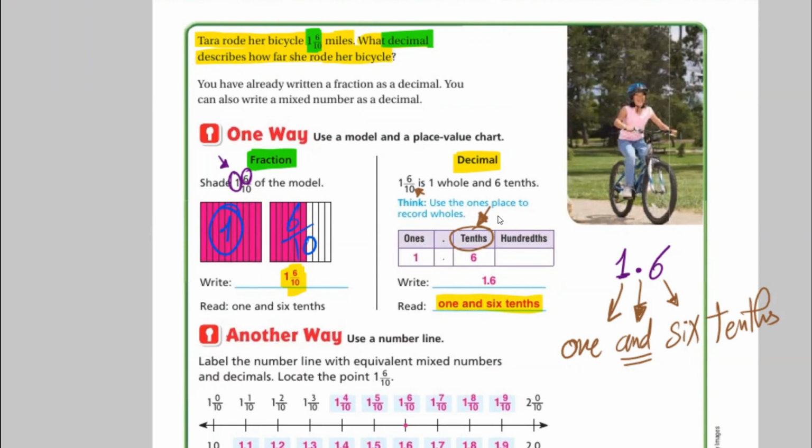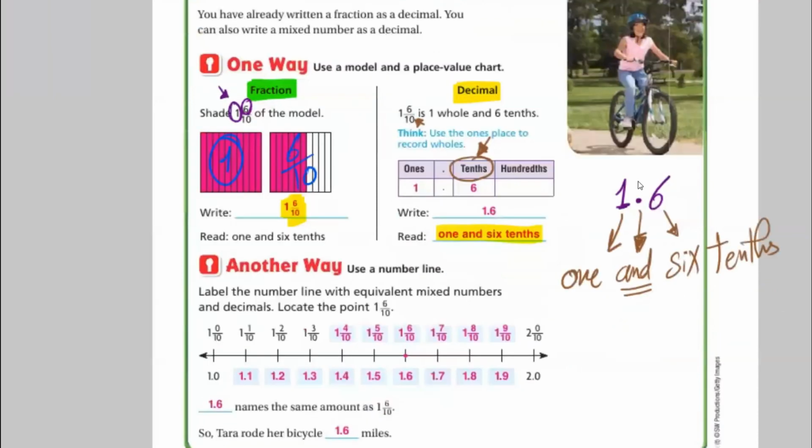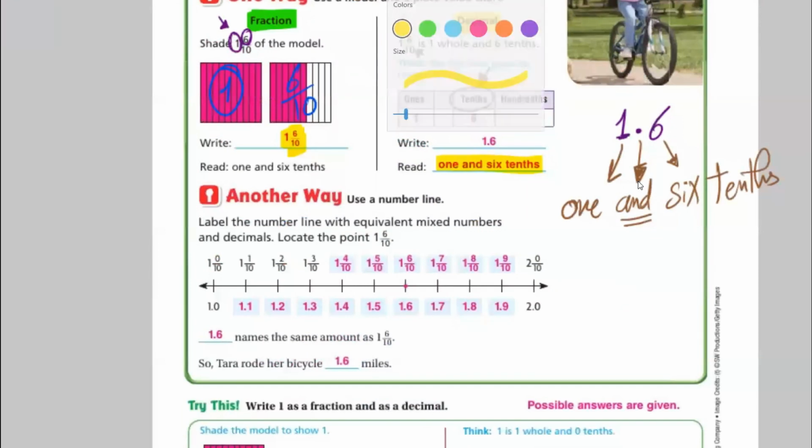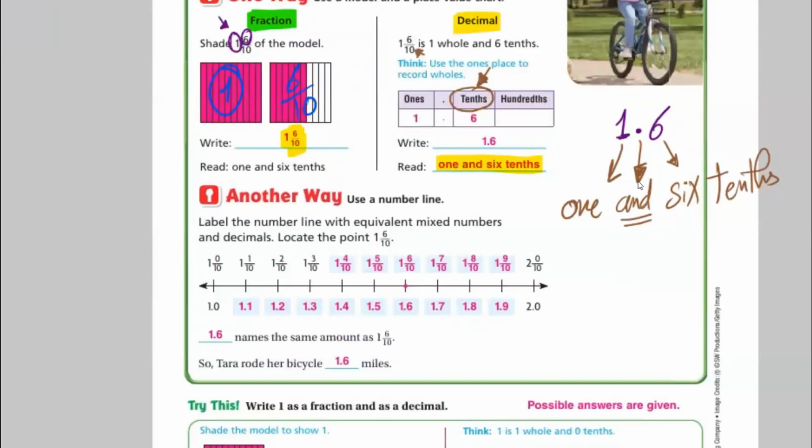Okay, let's use the number line to write it. Let's see how we can write it using the number line. So it will be 1 and 0 over 10. You have to start with the whole number. If you have the whole number 1, it will be 1 and 0 over 10. If the whole number is 2, it will be 2 and 0 over 10.